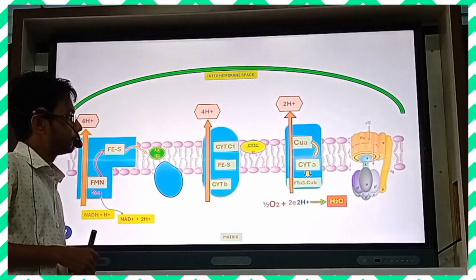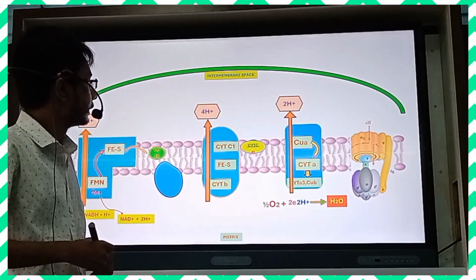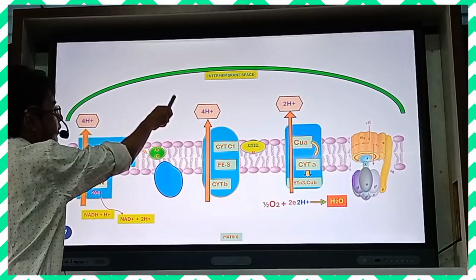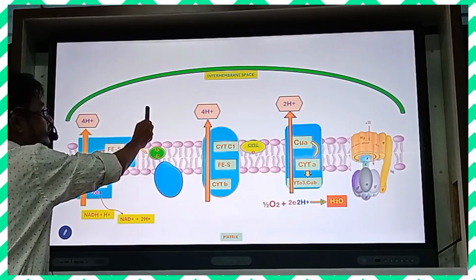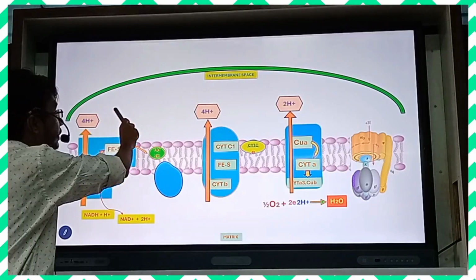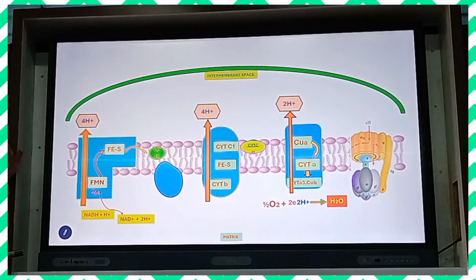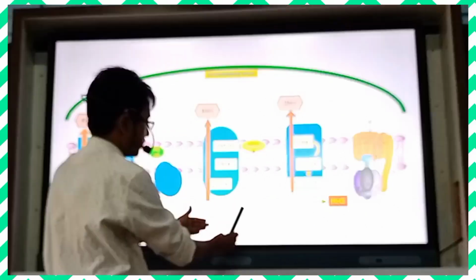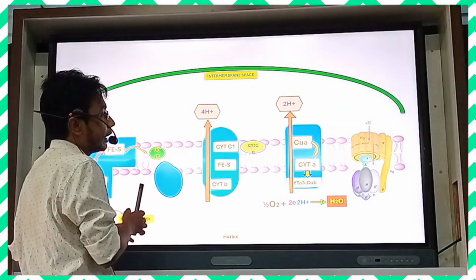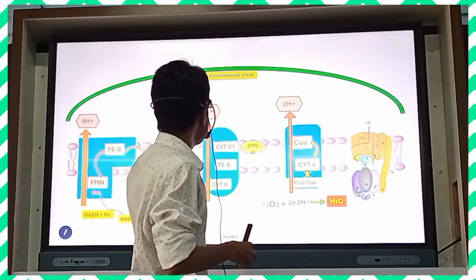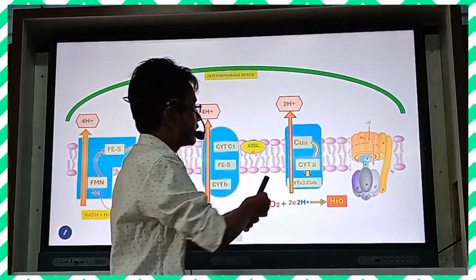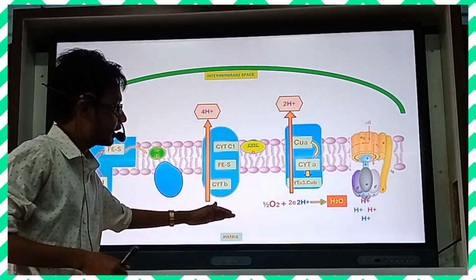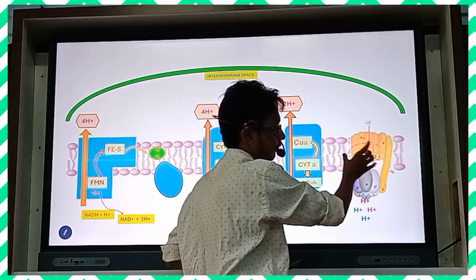Now look at the intermembrane space. The concentration of protons is increased here, yes or no? Because of the pumping of protons from the matrix to the intermembrane space. Then these protons flow back to the matrix through the F0 particles.